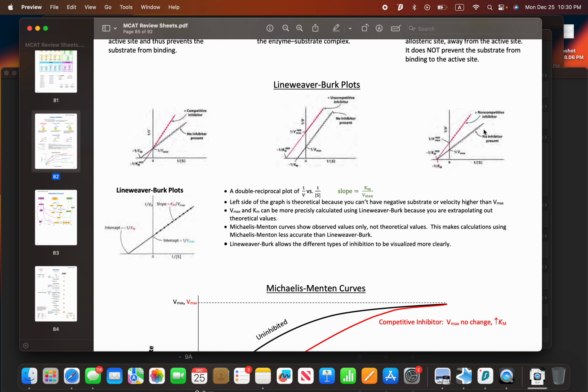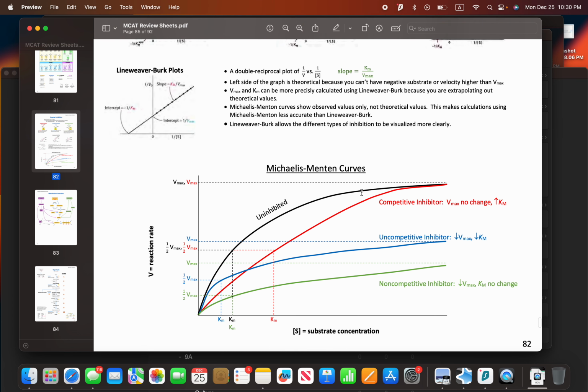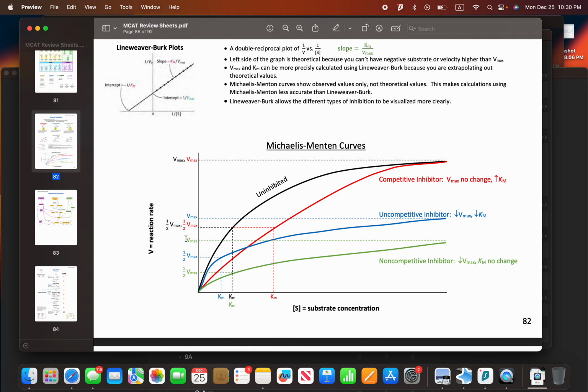So it's y over x. Now here, y over x is 1 over V over 1 over S. So the substrate comes up, which eventually is Km, and the V goes down in the denominator, which is Vmax. So it's Km over Vmax. Perfect.